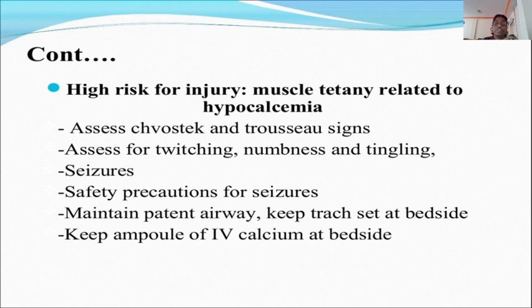Assess the facial signs and bone signs. Assess for twitching, numbness and tingling, seizures, Chvostek sign and Trousseau sign. Chvostek sign is a facial sign, and this other sign is called the bone sign. Safety precautions for seizures: maintain patent airway, keep tracheostomy set at bedside, keep ampoule of intravenous calcium gluconate at bedside.